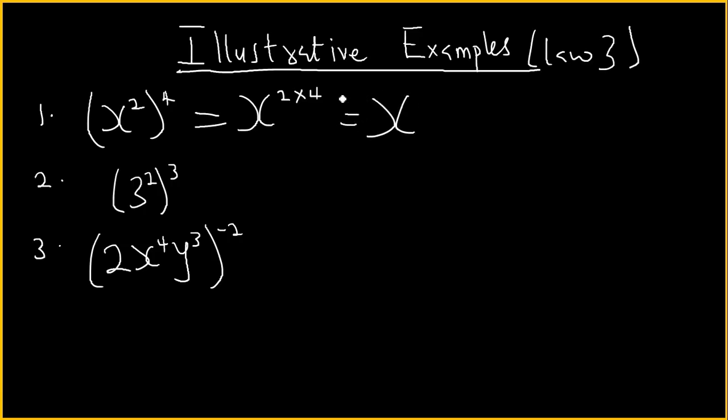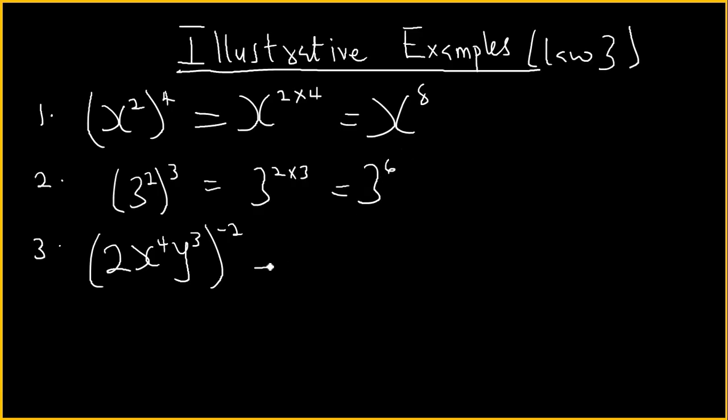So 4 times 2 or 2 times 2 gives us 8. The next one, we have 3 to the power 2 times 3 equals 3 to the power 6. 2 times 3 also gives us 6.